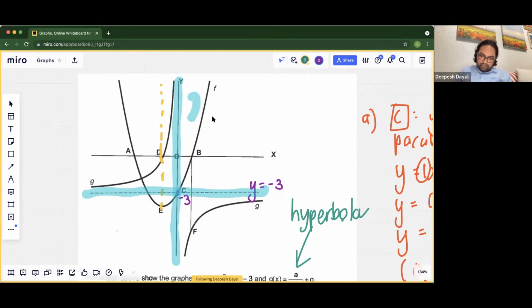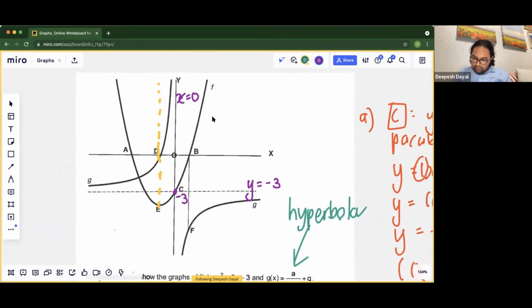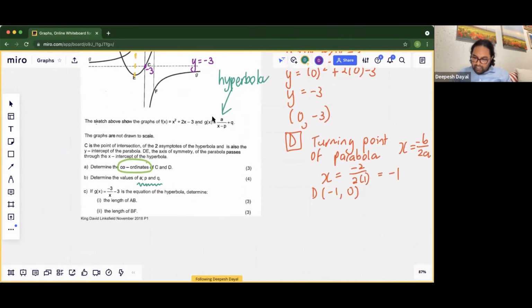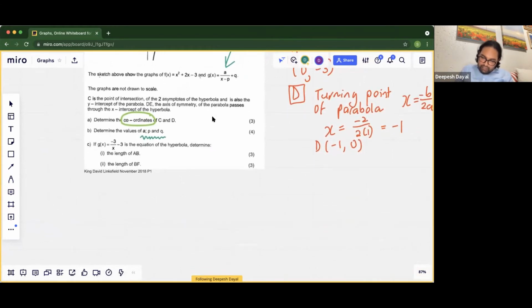Okay, I'm going to get rid of this. So that is what we're looking at, right? So x equals 0, y equals minus 3. If we look at that equation that we had, g(x) equals a over x minus p, plus q, and p we say is 0, right?